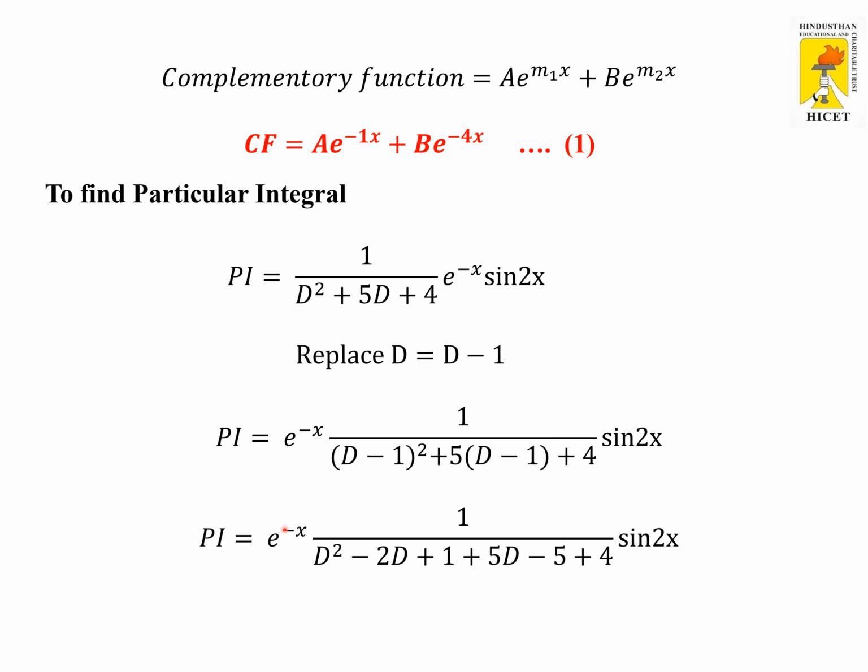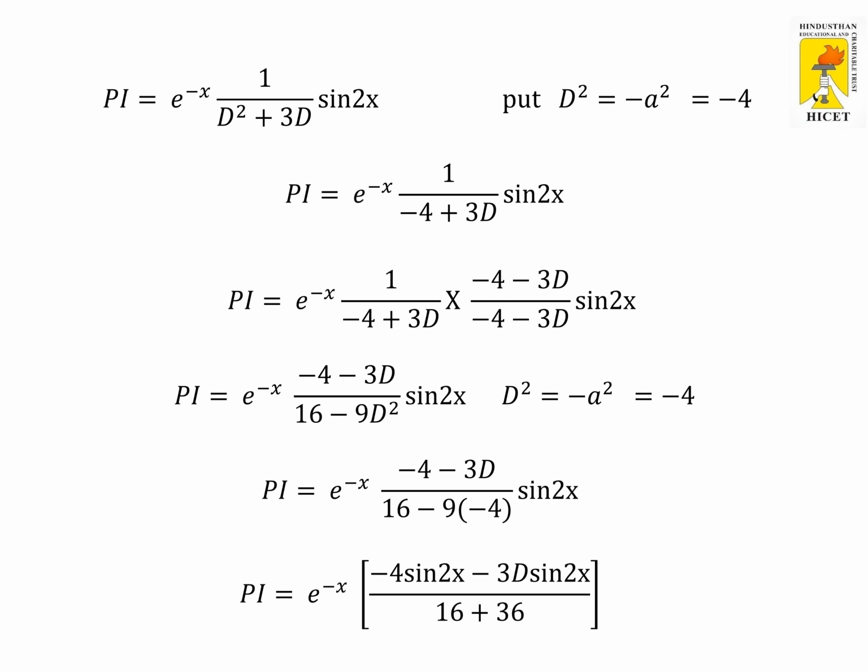That is e power minus x into 1 by, now using the (a minus b) whole square formula, we get D squared minus 2D plus 1. Multiplying the 5 inside, we get 5D minus 5 plus 4. Simplifying, we get e power minus x into 1 by D squared plus 3D, into sine 2x.